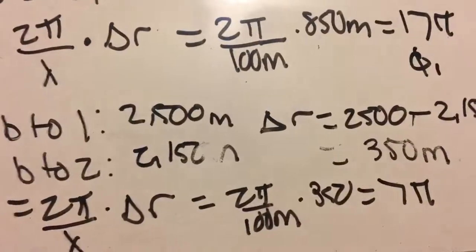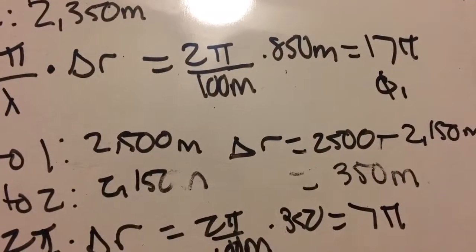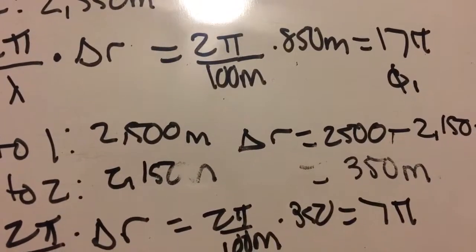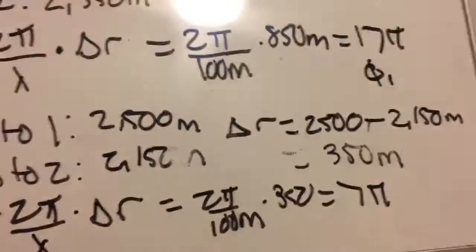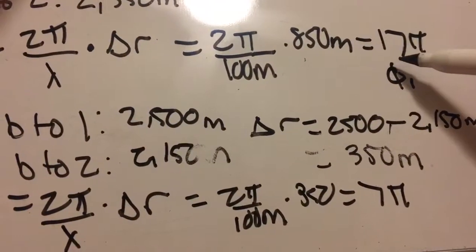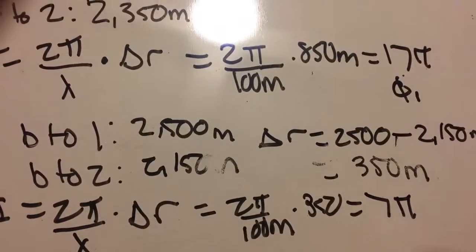And because we want island 1 and island 2 to have destructive interference, we want it to be an odd number of pi's to cause this destructive interference.